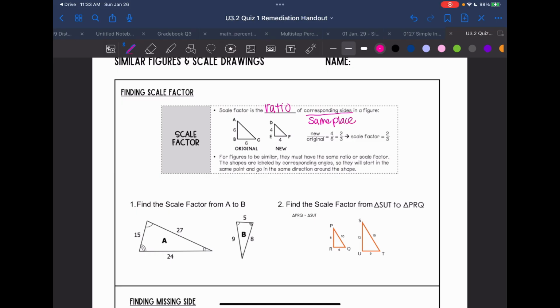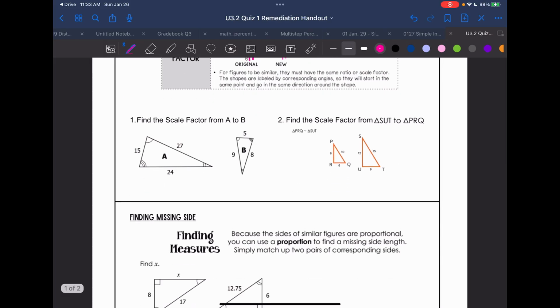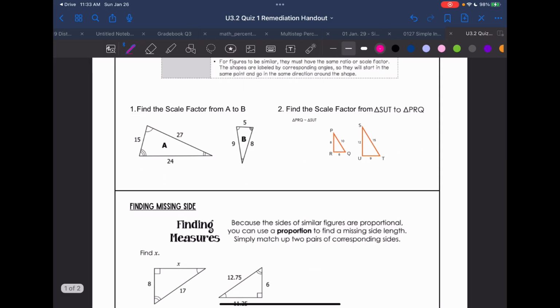So if we look at triangle ABC and triangle DEF, AB is in the same spot as DE, and then BC is in the same spot as EF. So if we look at number 1, it says to find the scale factor from A to B. If we're going from A to B, triangle A is the one that I'm starting with, so that's my original.